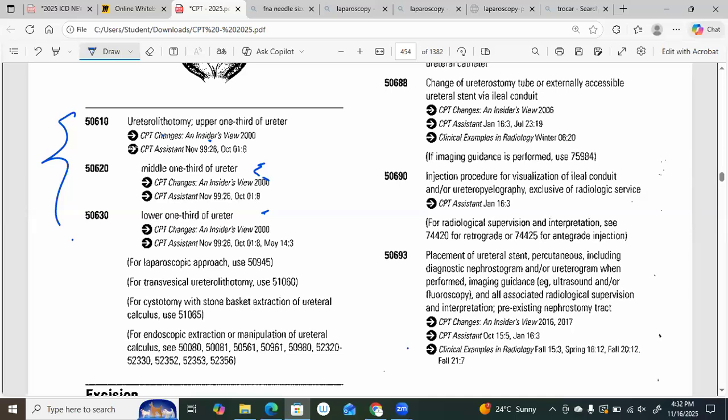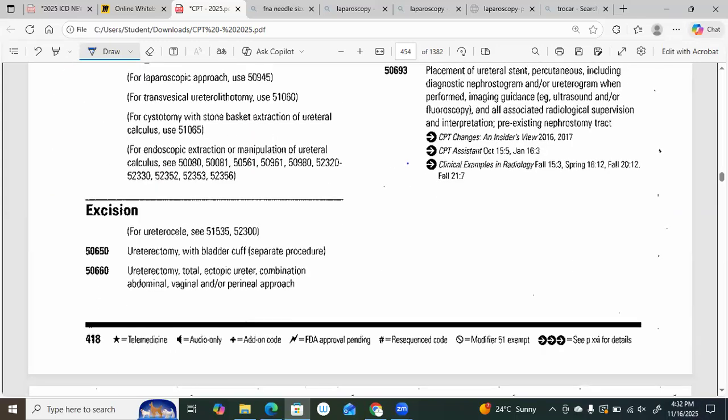Next section we have excision. Excision, ureterectomies. So the doctor is just removing the ureter completely. This is usually performed for ureteral cancers. And whenever you are going to bill the ureterectomy, 50650, this is a separate procedure.